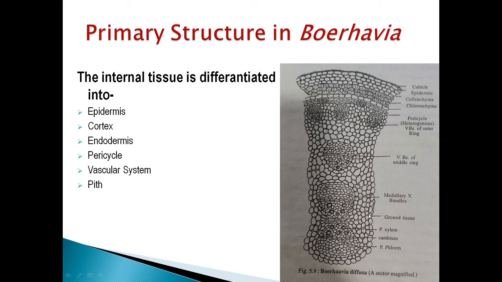So these bundles are wedge shaped. In Boerhavia the pith is absent.